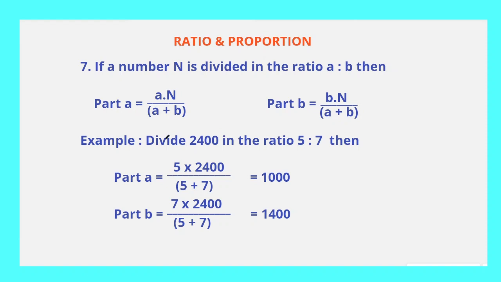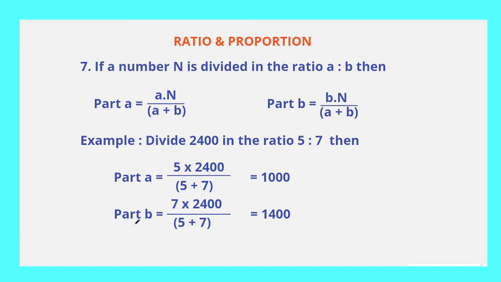And our example is divide 2400 in the ratio 5:7, then part A is 5 and part B is 7, and number N is 2400. So part A is equal to 5 multiplied by 2400 divided by 5 plus 7. 5 plus 7 is 12, and 12 divides 2400 for 200 times, and 200 multiplied by 5 is 1000.